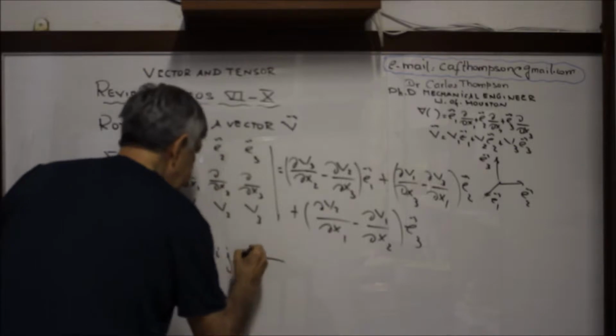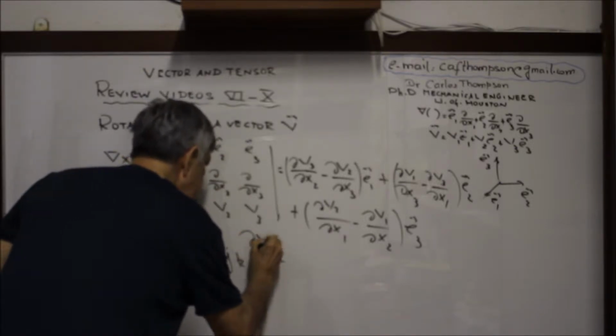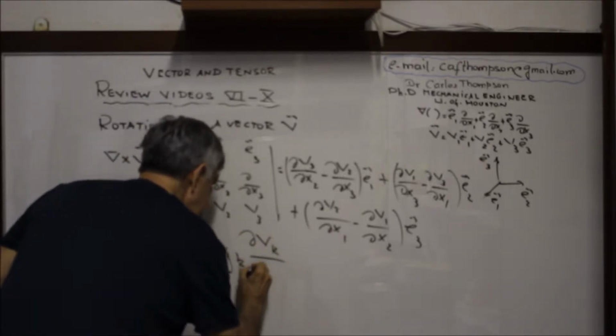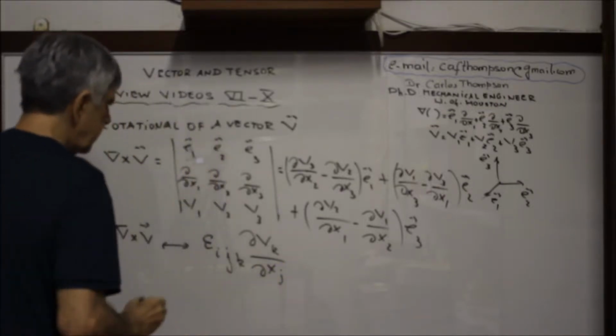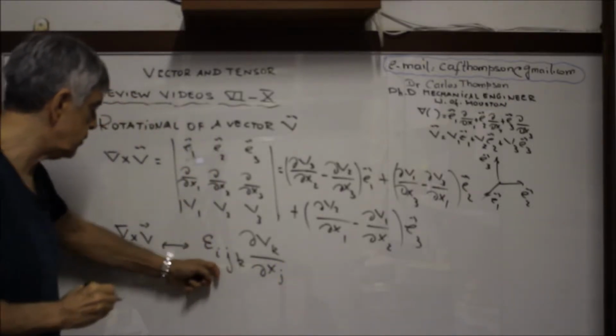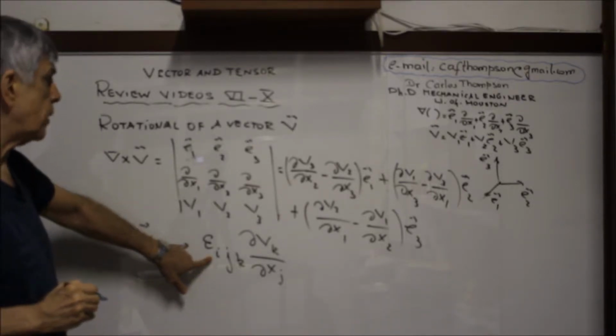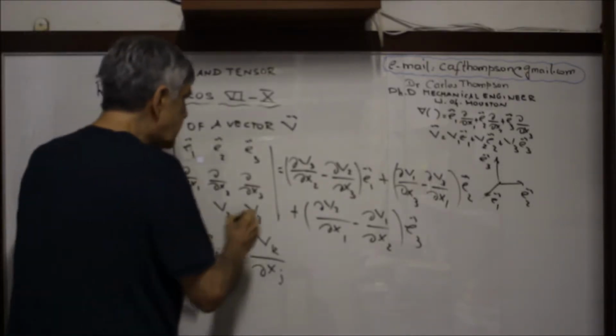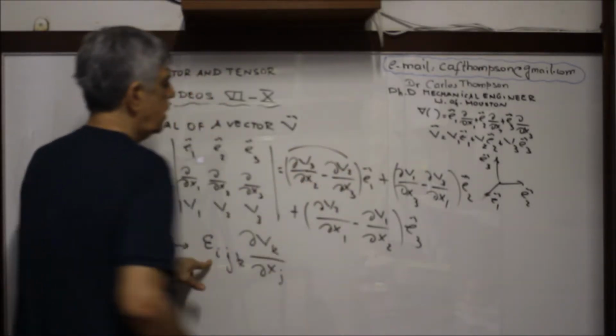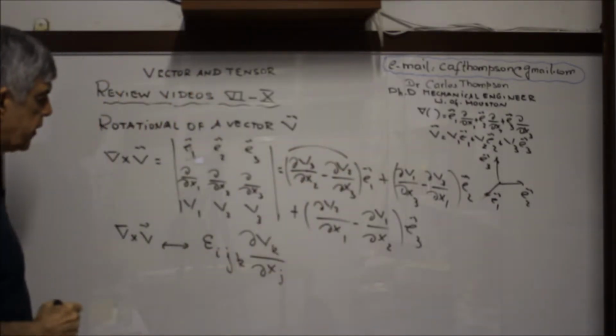Now, here you have to be careful, partial of Vk with respect to xj. Attention on here, attention to this. Let's see for i equal 1. Okay, we must reproduce this component over here.